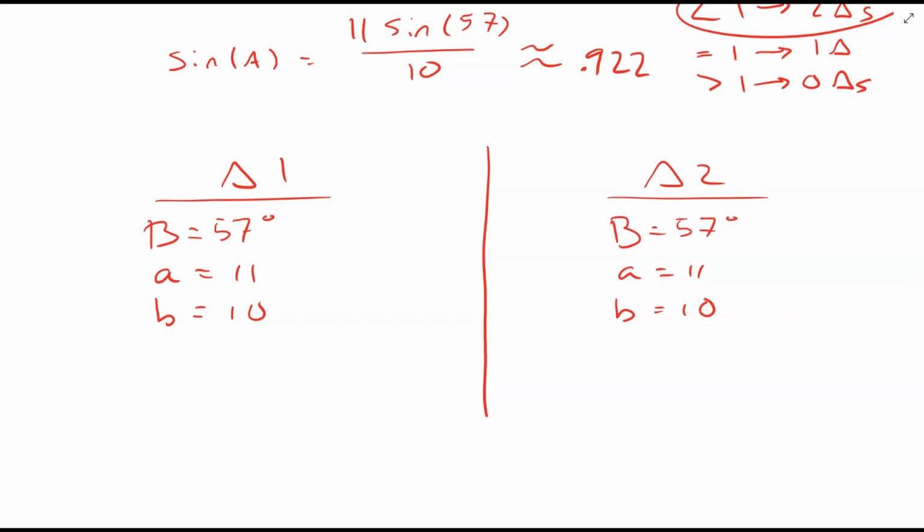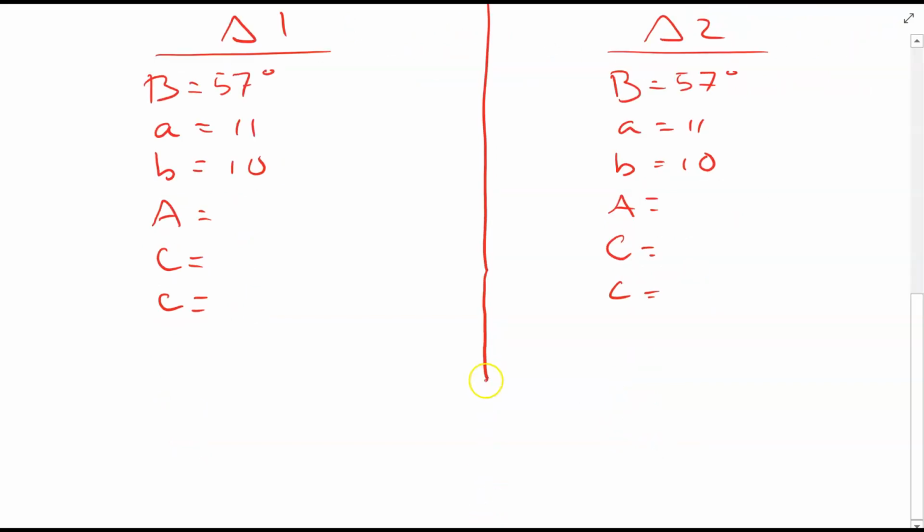What's going to be different are the values for angle A, for angle C, for side A. Oops, I'm sorry, we have no side A. I meant side C. Those numbers will be different for each of the 2 triangles. I'm going to do the work for one triangle on one side and the other triangle on the other side, just so it's organized. If you go back and look at this, it makes sense as to what's going where. Is that okay? All right.